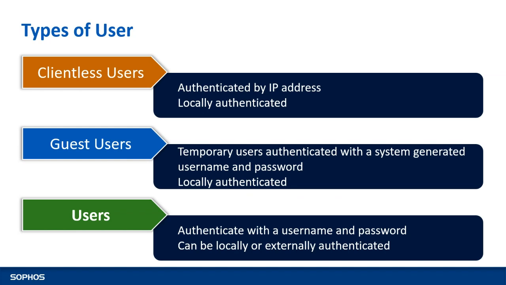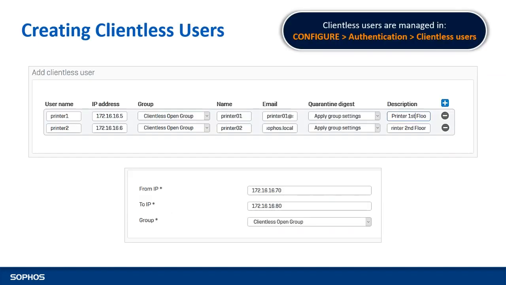The guest users are given temporary network access, usually to access the internet. They authenticate with a username and password that are generated by the firewall and are always authenticated locally. And the standard users authenticate with a username and password. They can be authenticated locally by the firewall or using an external authentication server such as Active Directory. Okay?